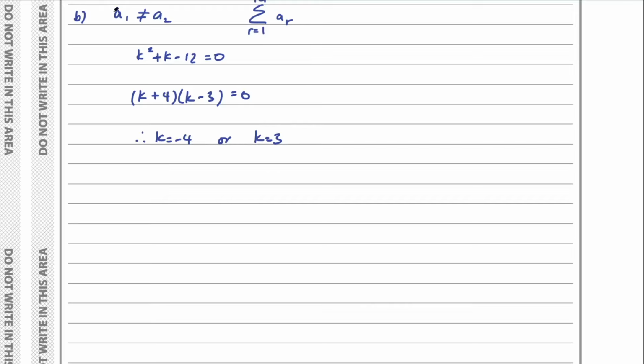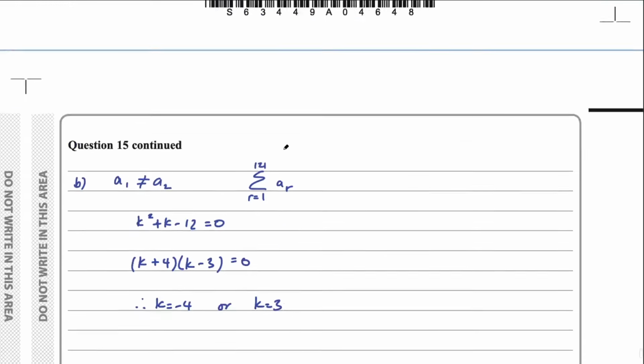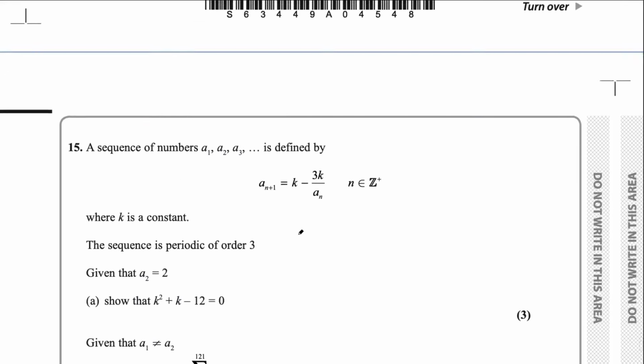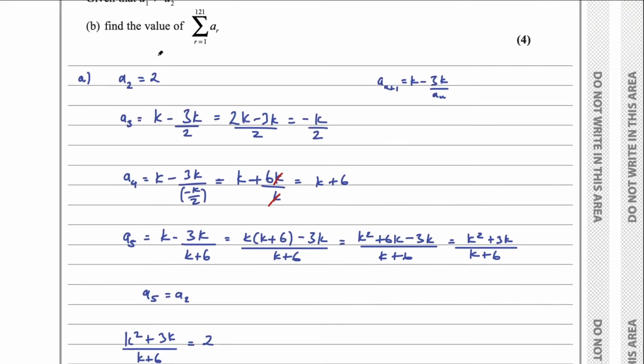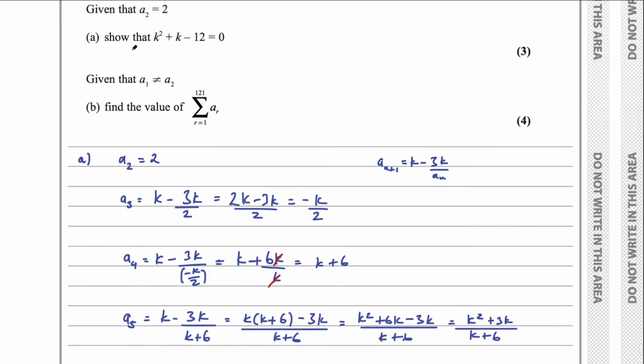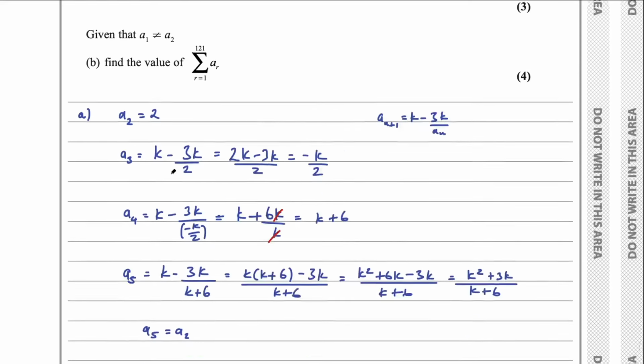Well, here we need to think about this key piece of information: a1 does not equal a2. How can we find a1? Well, we could try to go backwards with this equation or formula here. Another way of doing it would be to say that a4 must be equal to a1, because this sequence is periodic.